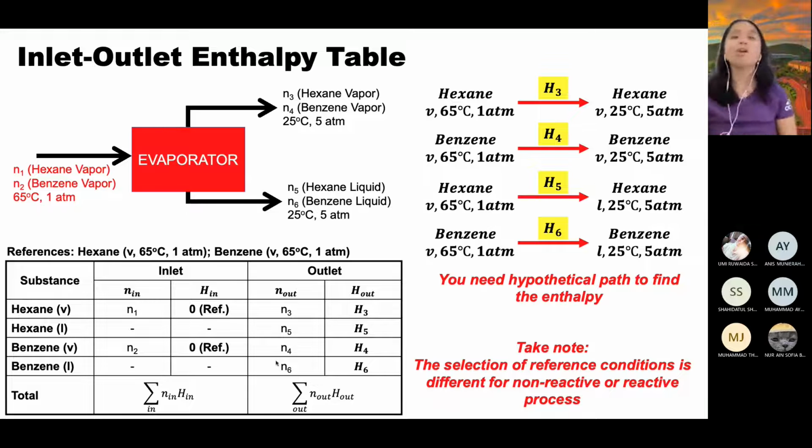Second, reference condition. Reference condition, kamu tak boleh pilih sebarangan. There are certain rules in order for you to choose the reference condition depending on whether you're doing reactive or non-reactive energy balance. I will teach you as we go to the calculation method.